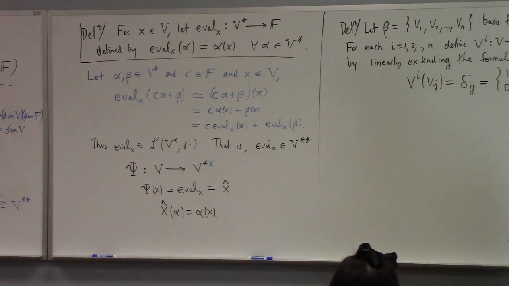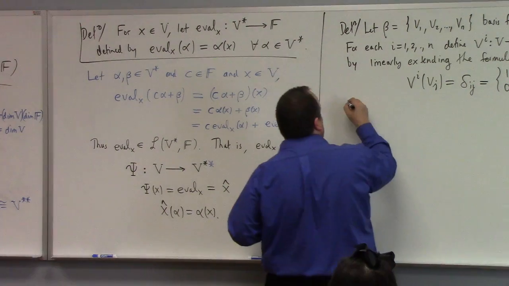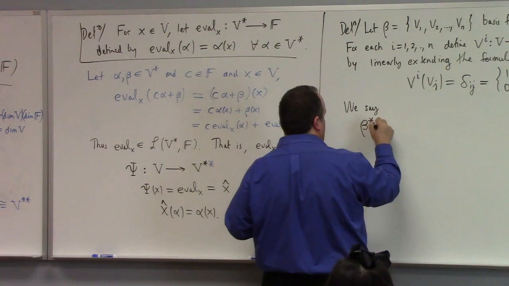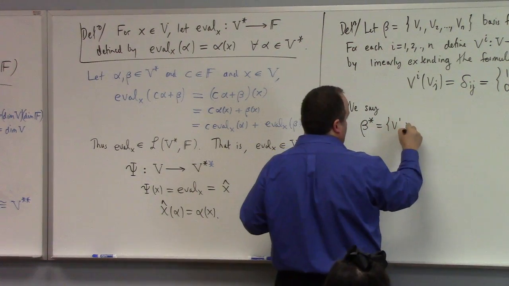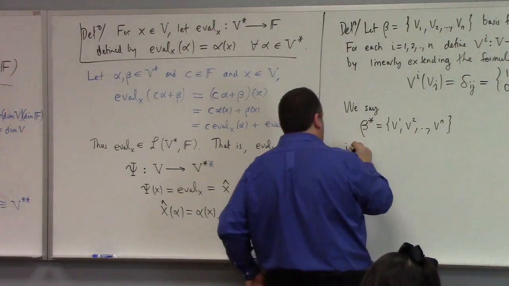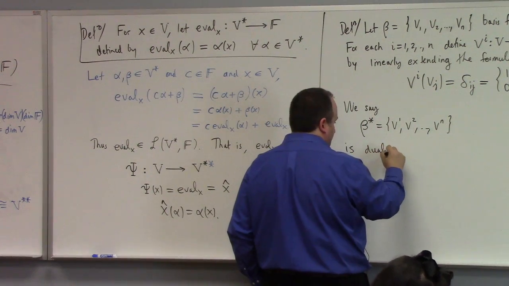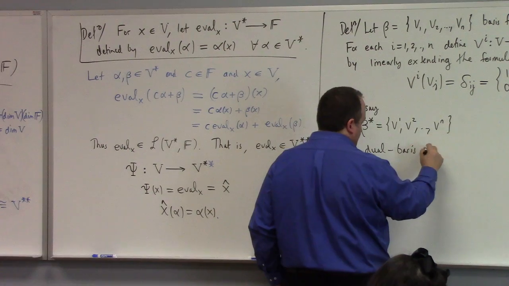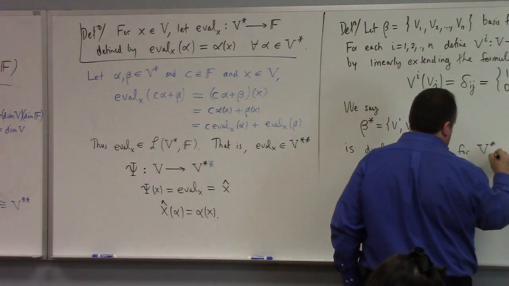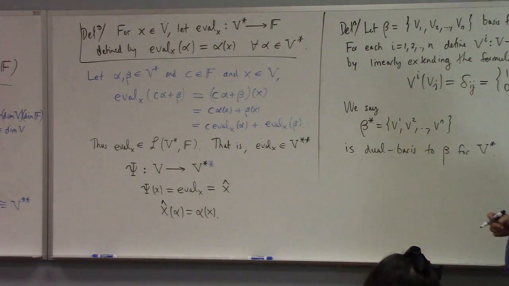So in this context, we say beta dual, v upper 1, v upper 2, up to v upper n, is the dual basis to beta. And I guess you could say for V dual, right?